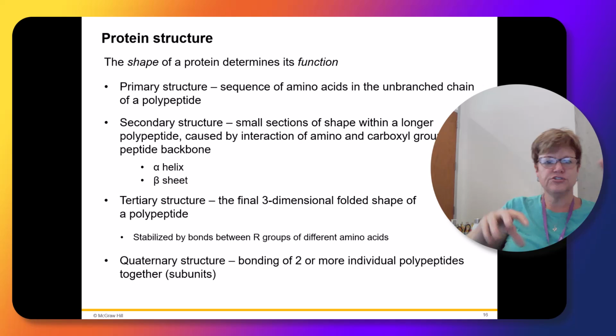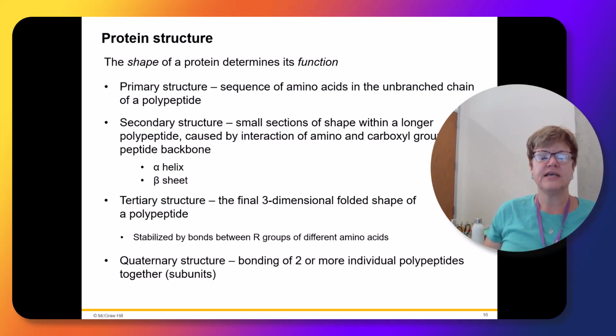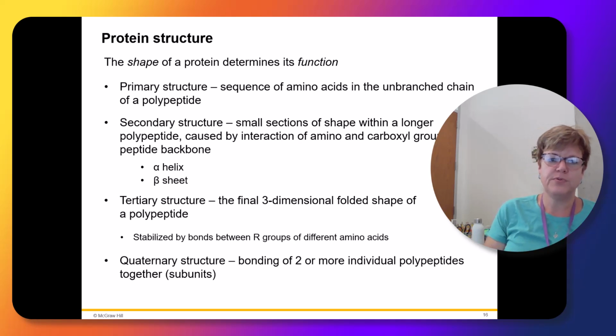It's a very irregular shape. There's parts that stick out and parts that are little niches and crevices. So what we call the third level, the 3-dimensional shape of the polypeptide, it's hard to have words to describe it, but every protein forms the shape that matches with its function.